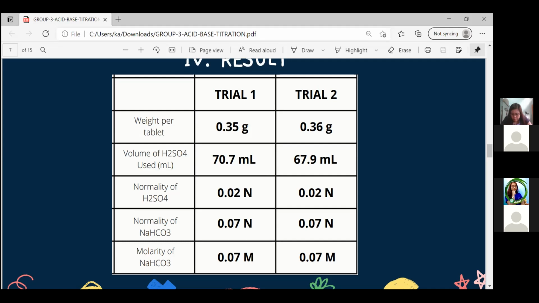The normality of sulfuric acid in trial 1 and 2 is 0.02 N, and the normality of sodium bicarbonate in trial 1 and 2 is 0.07 N. And lastly, the molarity of sodium bicarbonate in trial 1 and 2 is 0.07 moles per liter.